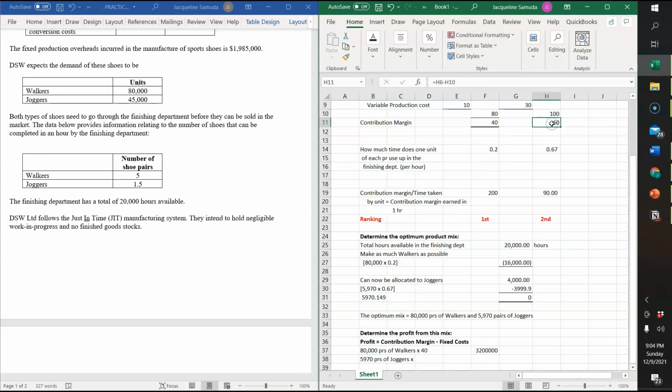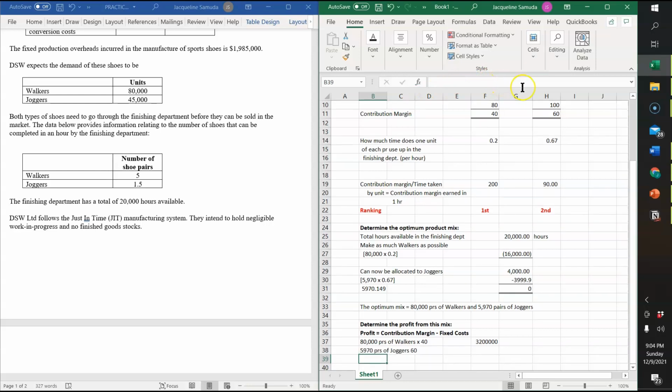Here's the contribution margin up here, times 60. And that will now give us the contribution earned from the sale of these joggers. I'm trying to put in the multiplication sign. Okay, let's continue. 5,970 times 60.